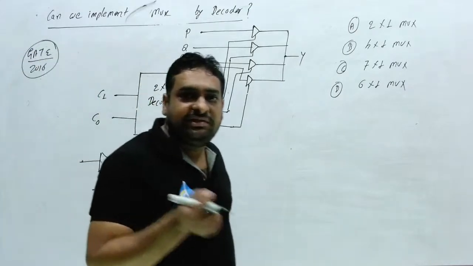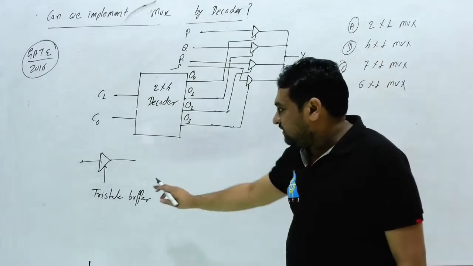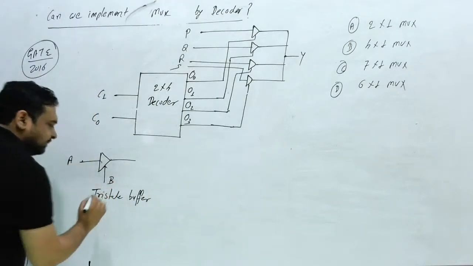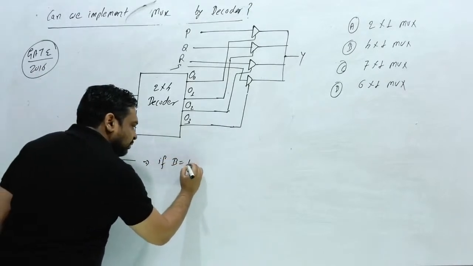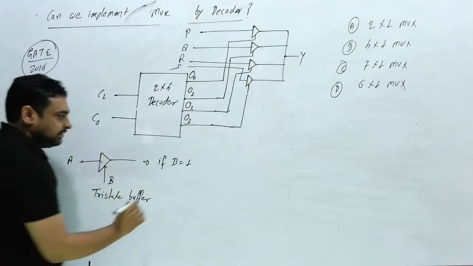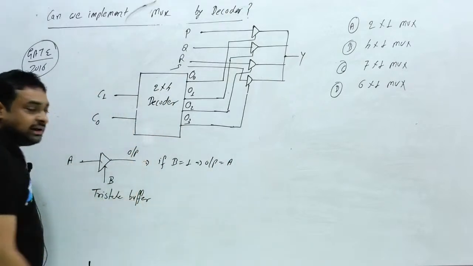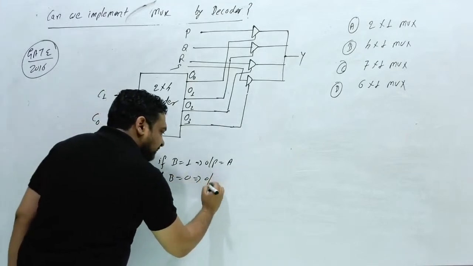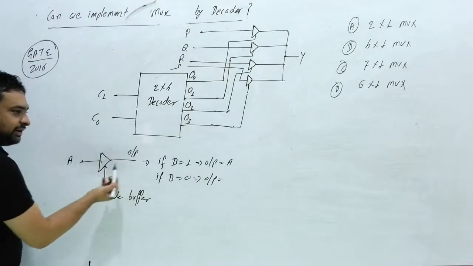Tri-state means output can be 0, output can be 1, or output can be no data. Suppose this is A and this is B. If B is equal to 1, you can say this is a switch, then A will be passed to the output, so output is equal to A. If A is 0, output is 0; if A is 1, output is 1, when B is 1.